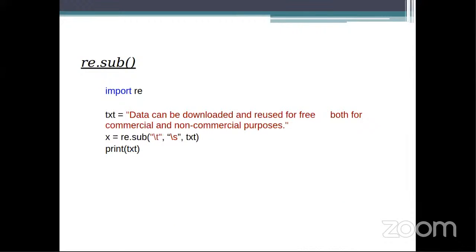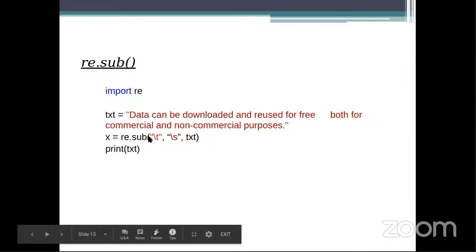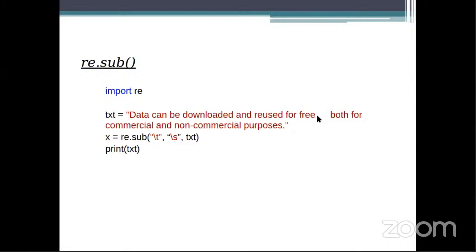Now the re.sub function. As we see, \t displays "free and both" with a tab separating free and both. What we want is to replace the tab-separated space with a single white space.